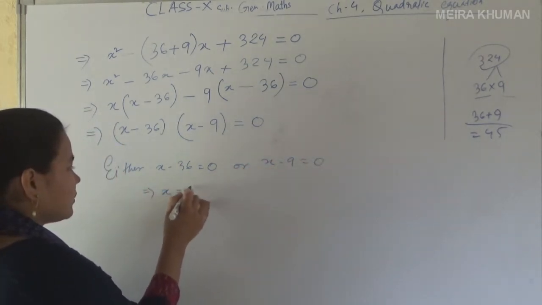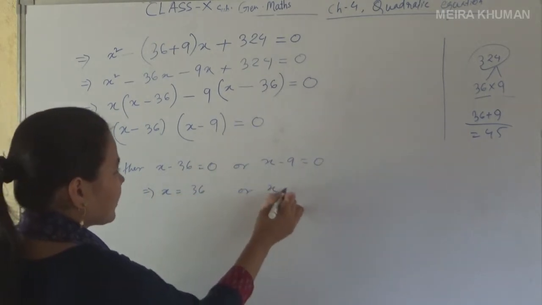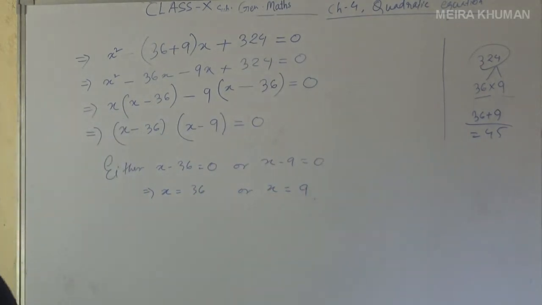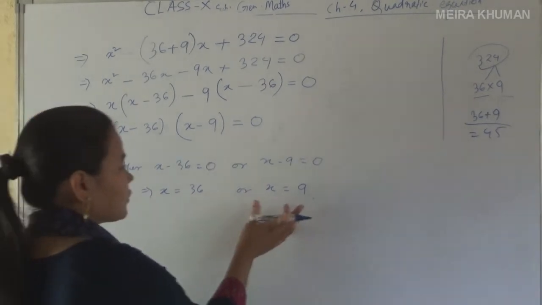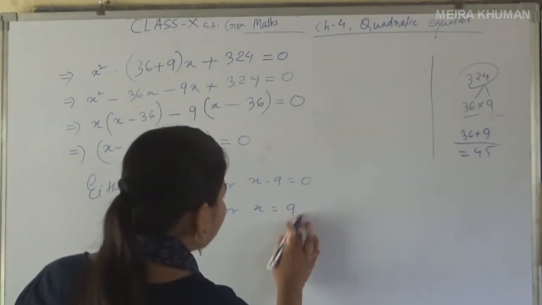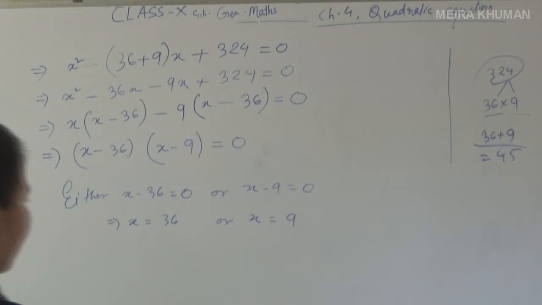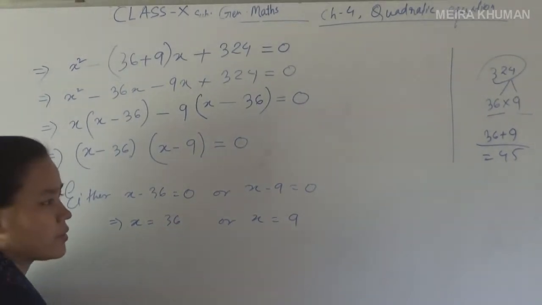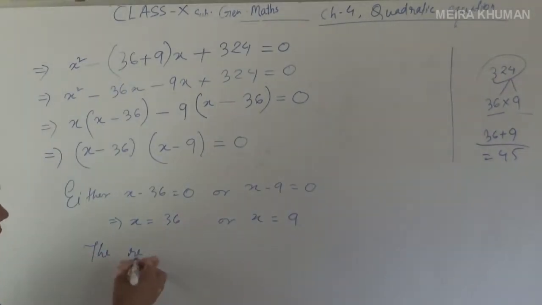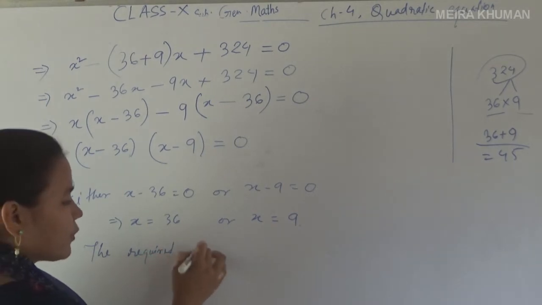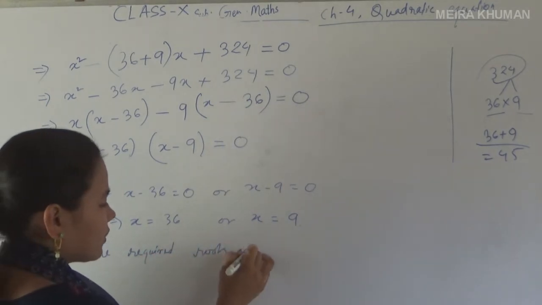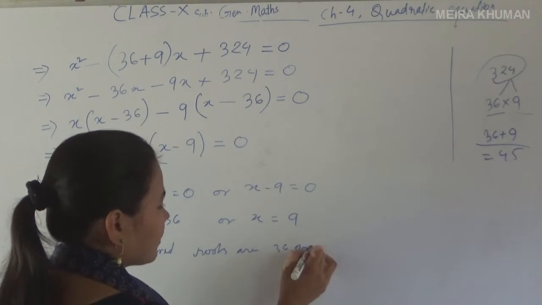So x equal to 36 or x equal to 9. Here the required roots are 36 and 9.